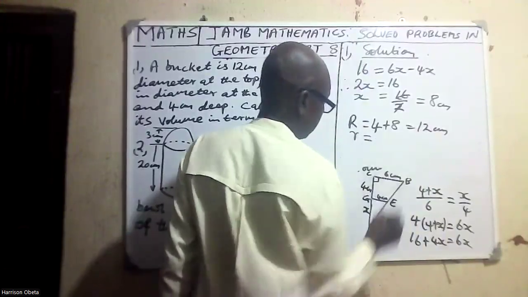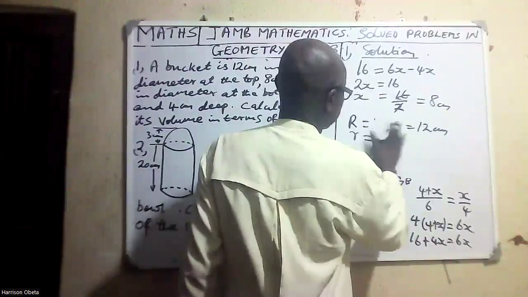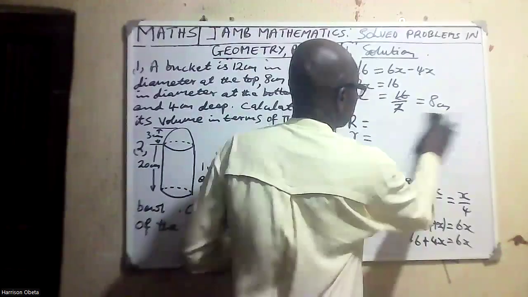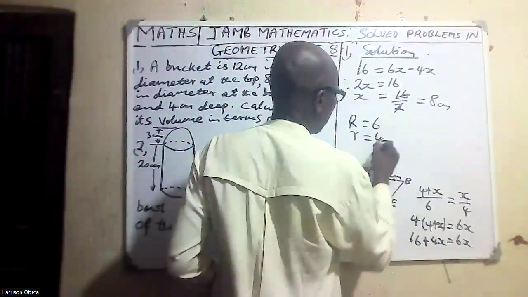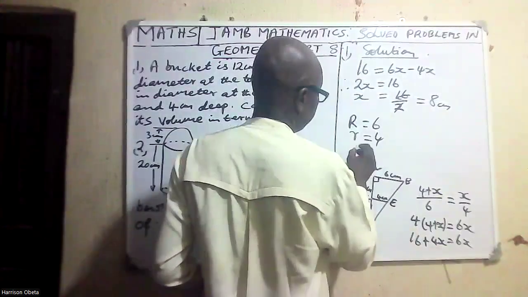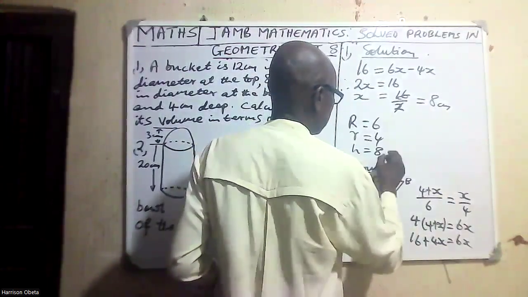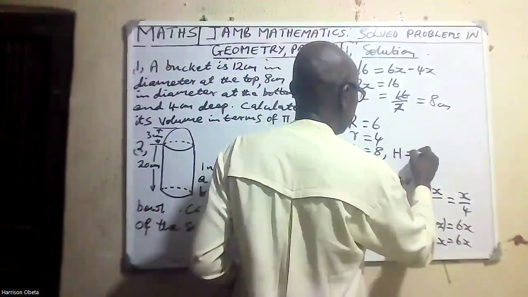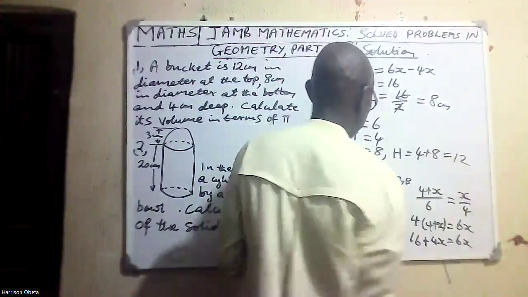Our small r, sorry, big R is 6, not 12. Big R is 6, small r is 4, then small h is 8, while big H is 4 plus 8, which is 12.